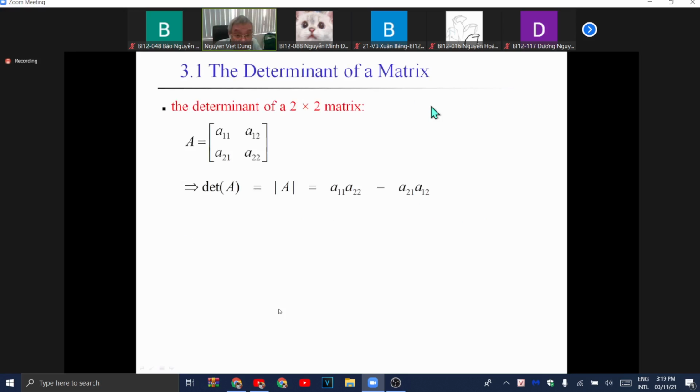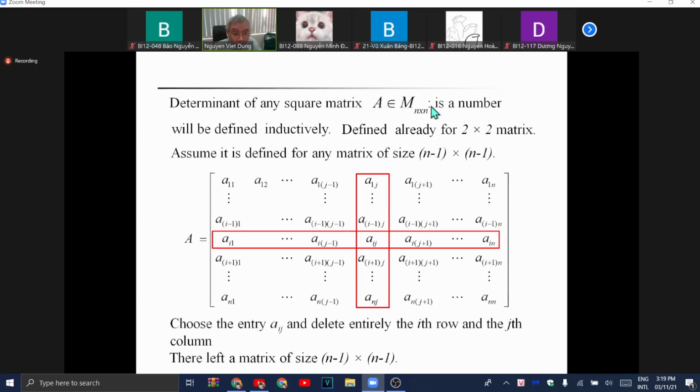Then we need to define determinant for any square matrix. We will define it inductively as follows. First, we already defined determinant for any 2 by 2 matrix, and now we suppose that we have defined determinant for any matrix of size n minus 1 by n minus 1.